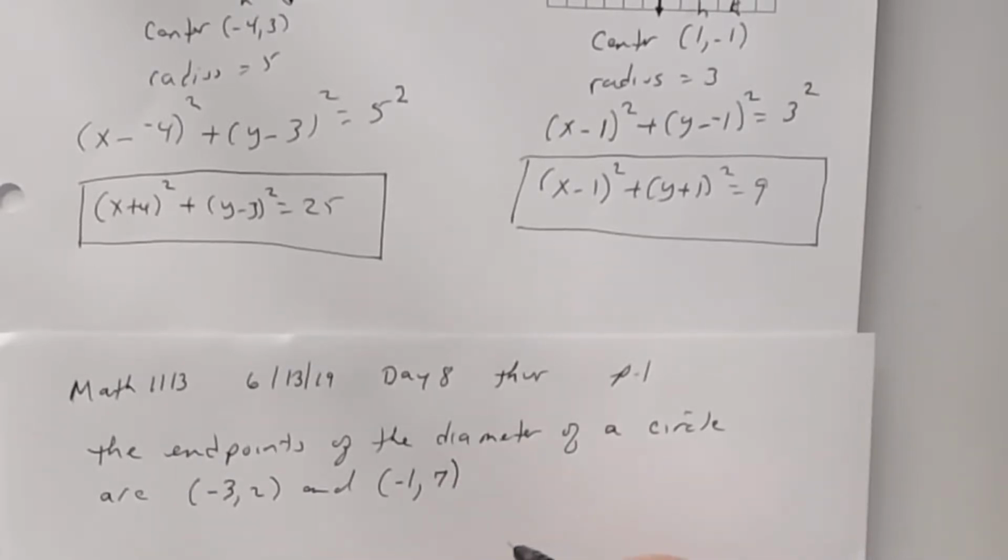I'm making this up. We want to graph these. All right, so the endpoints of the diameter of a circle are -3, 2, and -1, 7.